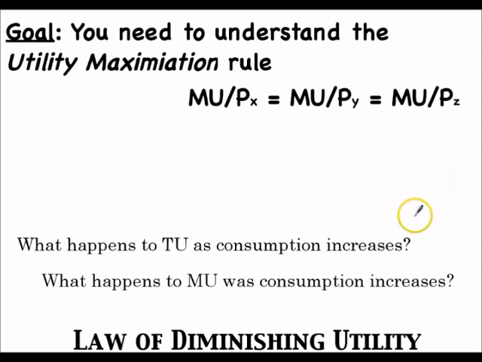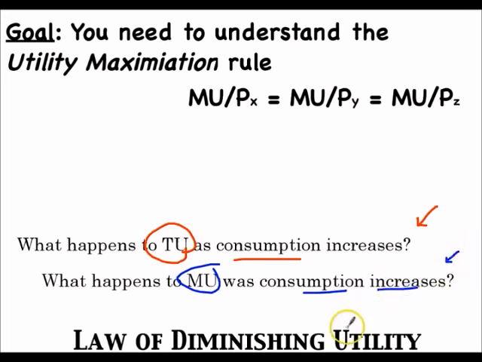Things that we want to pay attention to, or questions we want to make sure we can answer. We want to know what happens to total utility as we increase our consumption. We want to know what happens to marginal utility as we increase our consumption. So these are 2 patterns or trends that we need to be aware of. When we deal with marginal utility, we're going to be dealing with the law of diminishing utility.